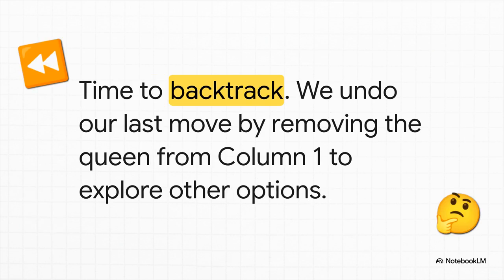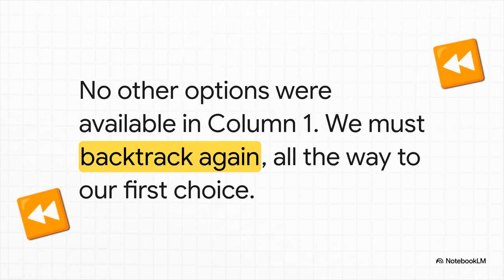We literally undo our last move. We pick that queen up from column 1, and now we can explore different options from that previous step. But here's the thing. Turns out, there were no other safe spots in column 1. So we have to backtrack again. We go all the way back and undo our very first choice, taking the queen out of column 0.